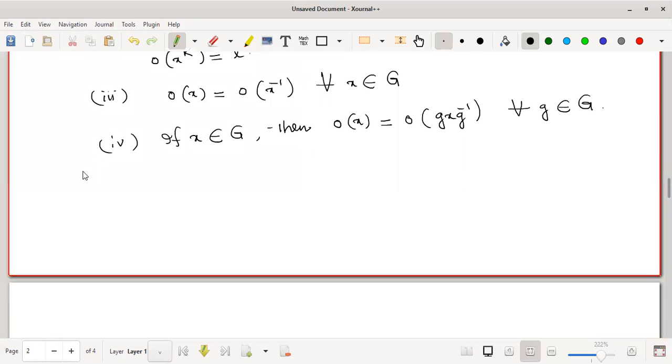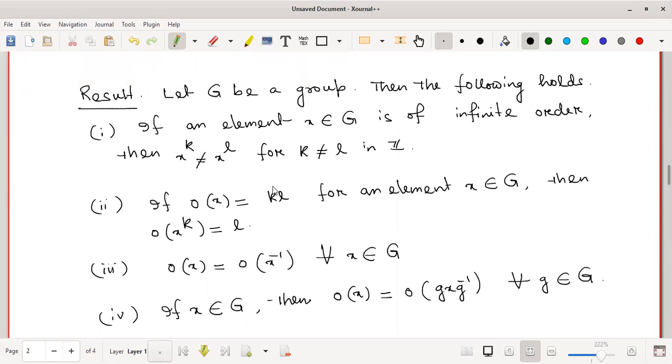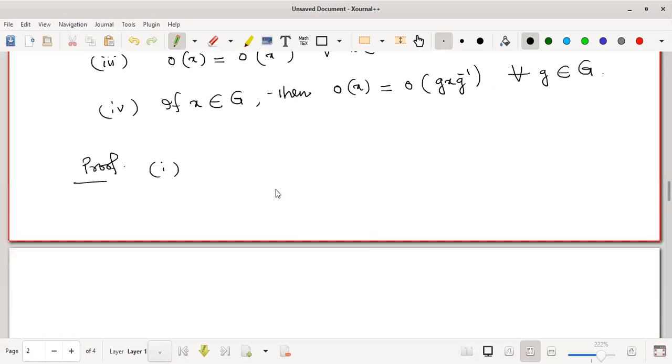Proof of number 1. What to prove? In number 1, we have to prove that if an element x is of infinite order, then x to the power k is not equal to x to the power l for all k not equal to l in Z. Suppose it is wrong.